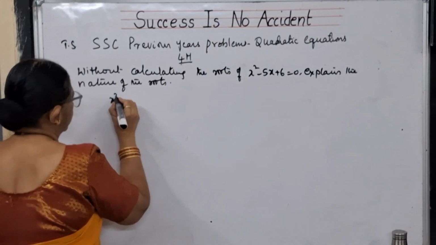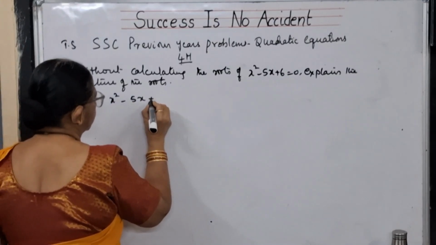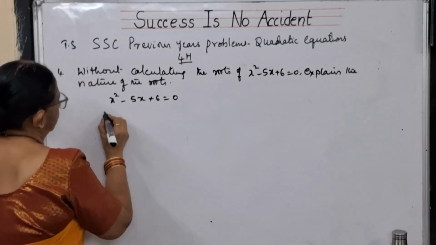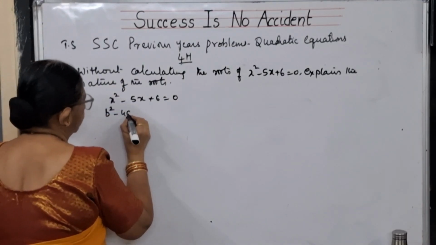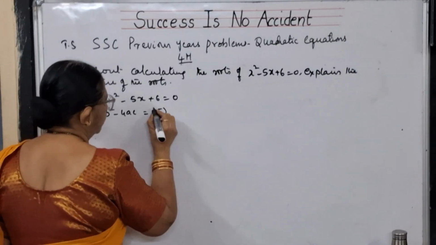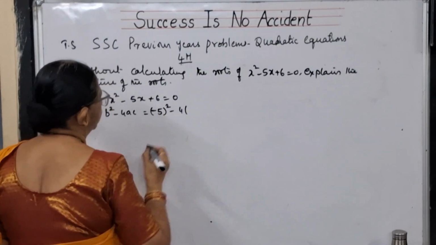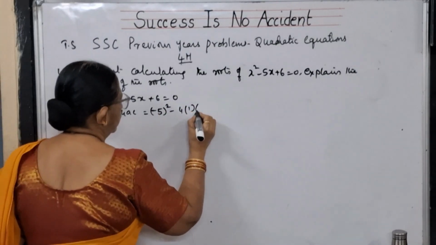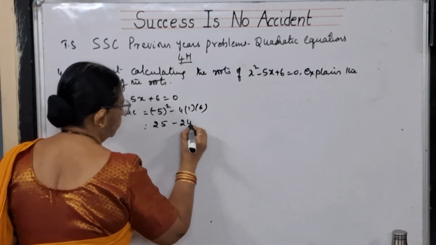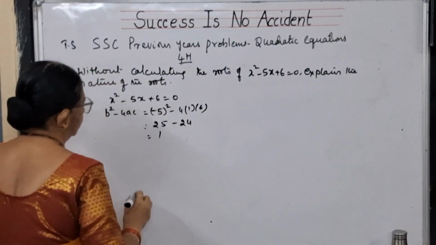So, given quadratic equation x square minus 5x plus 6 is equal to 0. So, to know the nature of equations, find out what is b square minus 4ac. b is minus 5 whole square minus 4 into a is 1 into 6. That is 25 minus 24, 1.